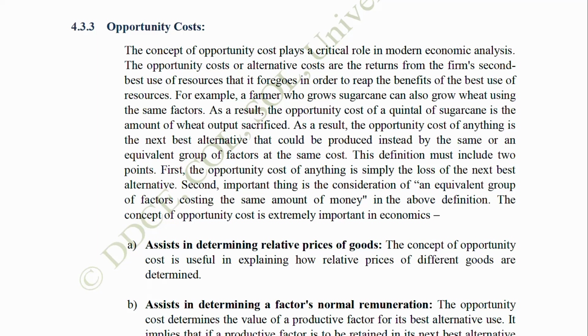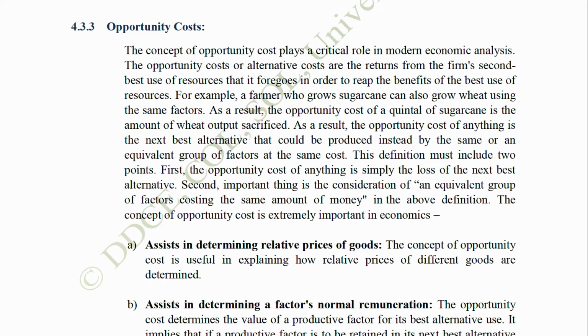As a result, the opportunity cost of anything is the next best alternative that could be produced instead by the same or an equivalent group of factors at the same cost. This definition must include 2 points. First, the opportunity cost of anything is simply the loss of the next best alternative.